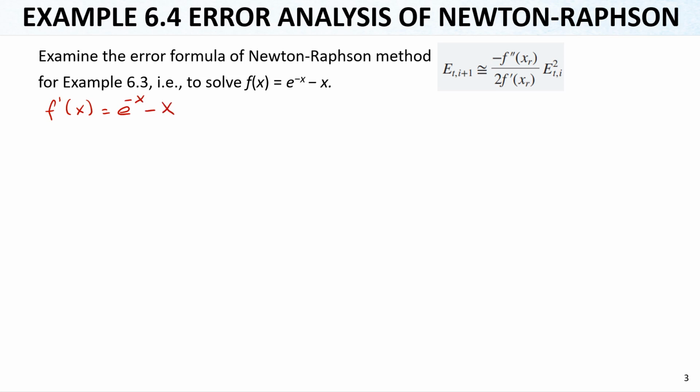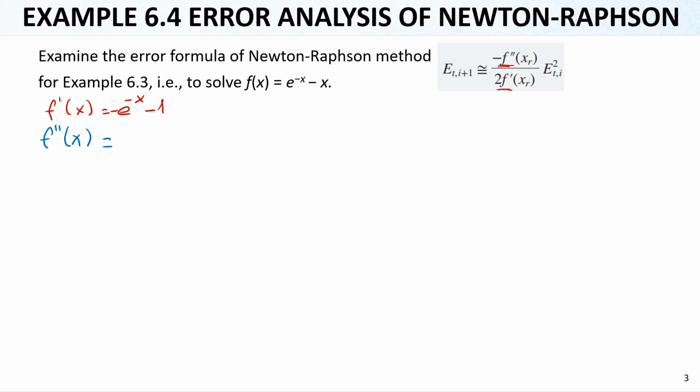Now we also need the second derivative, because here we have the first derivative, but here we have the second derivative. Let me write it down in blue. The second derivative is coming from this, but the first derivative was actually 1. Let me write 1 here, and minus actually. So this is minus e to the minus x, yes, this one.